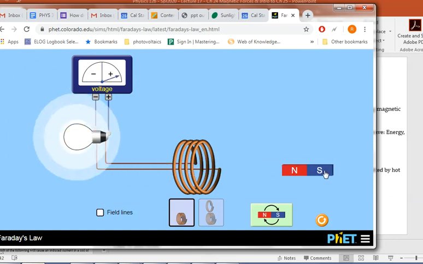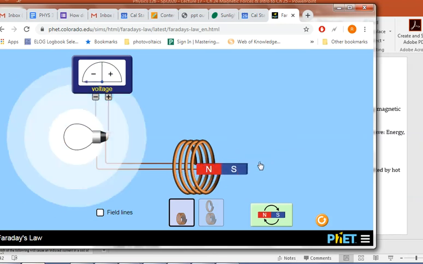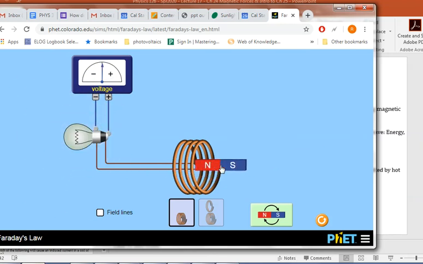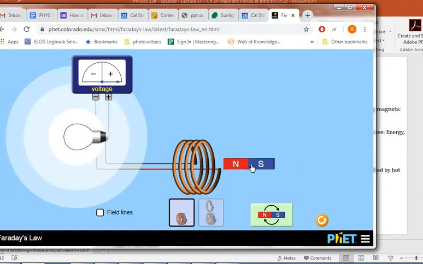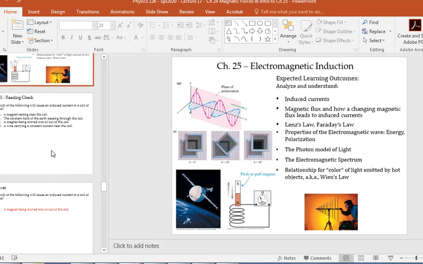In other words, we can generate current just by moving magnets past a wire. That's really interesting. That means that you can turn mechanical energy into electrical energy. This is called Faraday's law, and this is the topic of electromagnetic induction that we'll be covering. We'll cover the first part of this today, and then we'll move on right after the break to go a little bit deeper into this.